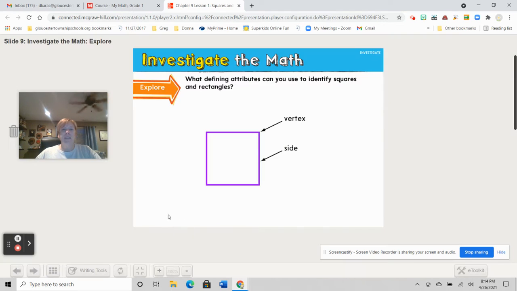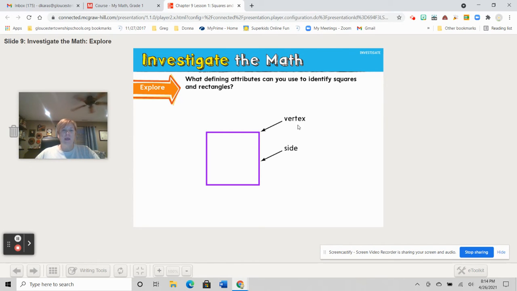All right, so we're going to learn about parts of shapes, okay? Now, if you see here, this says vertex, and it has the arrow pointing right here. That is the corner, and that's where two sides meet and make a corner. So look at this.